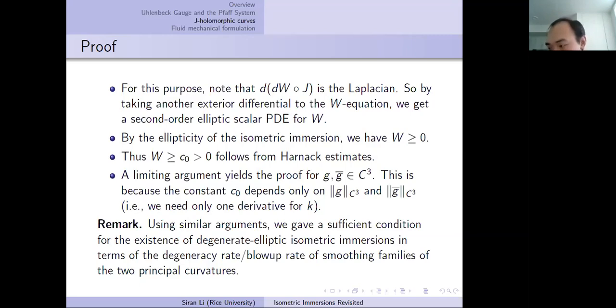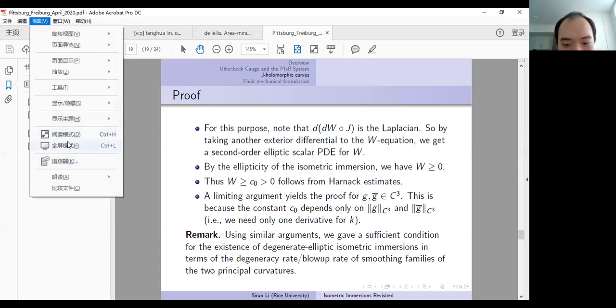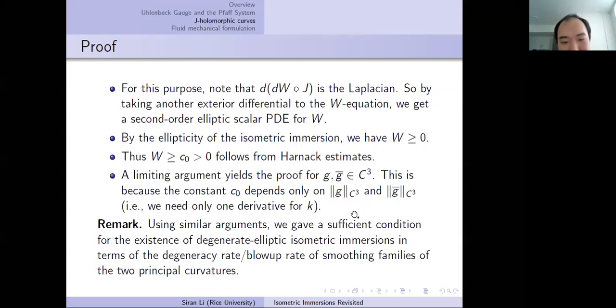Roughly speaking, if I have a smooth approximation family of the metrics, and if the smaller principal curvature degenerates to 0 at a rate much faster than the blow-up rate of the larger principal curvature, then we should get the existence.